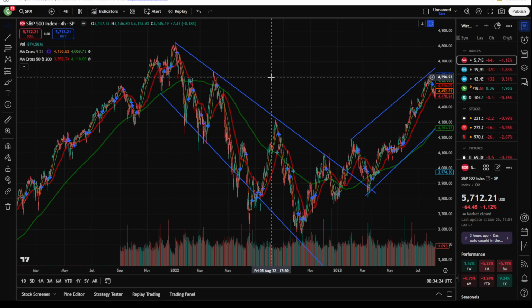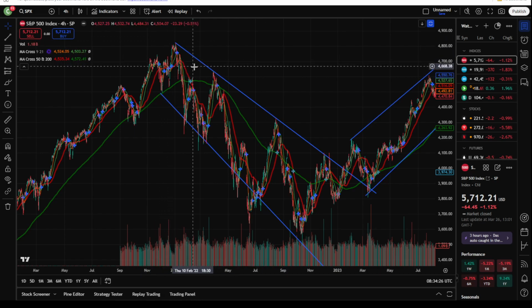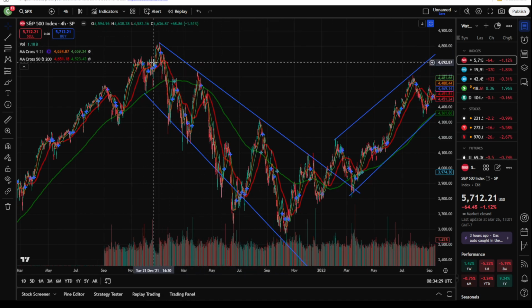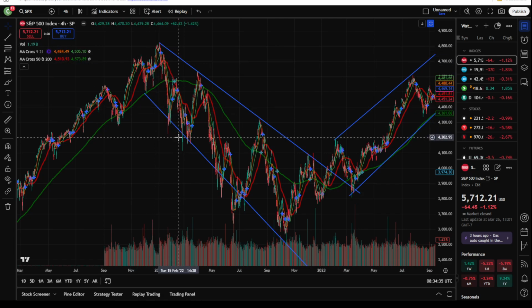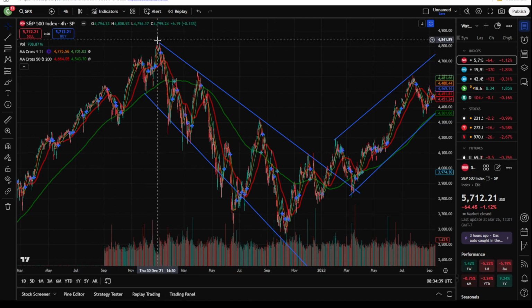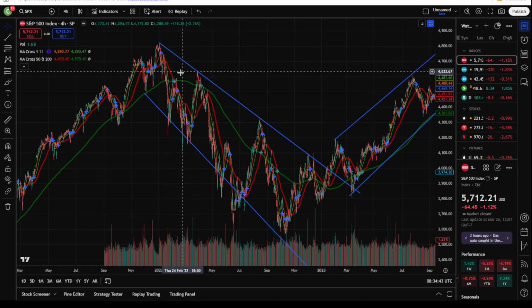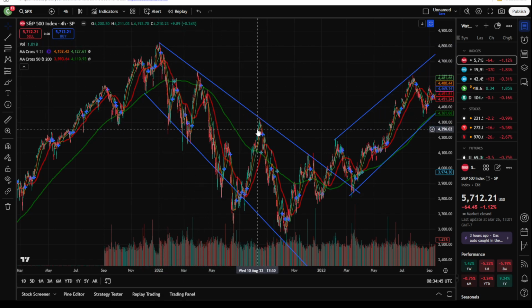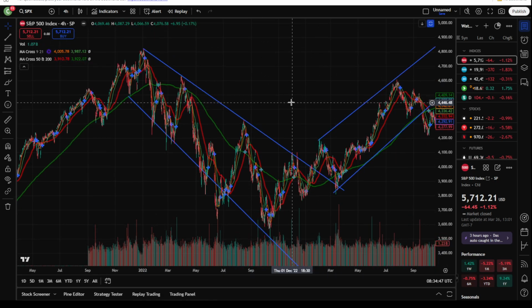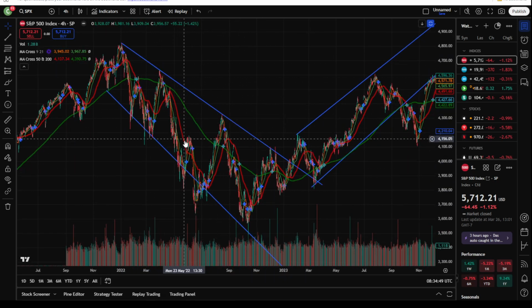As you can see here, during this bear market, it lasted a total of one year. Back when I was trading the S&P 500 with real money, not prop firms, I actually got into shorts every single time it hit this line. I had a lot of money and I did really well on all of the shorts doing swing trades.